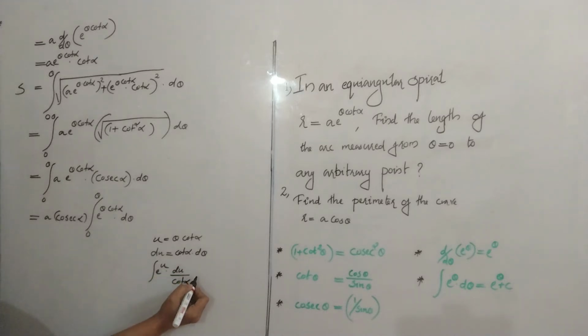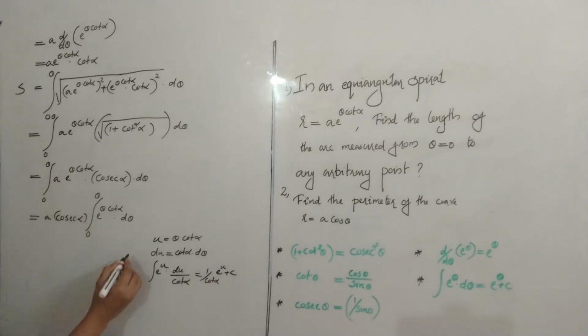This becomes 1 by cot alpha into e raised to u plus some constant c.